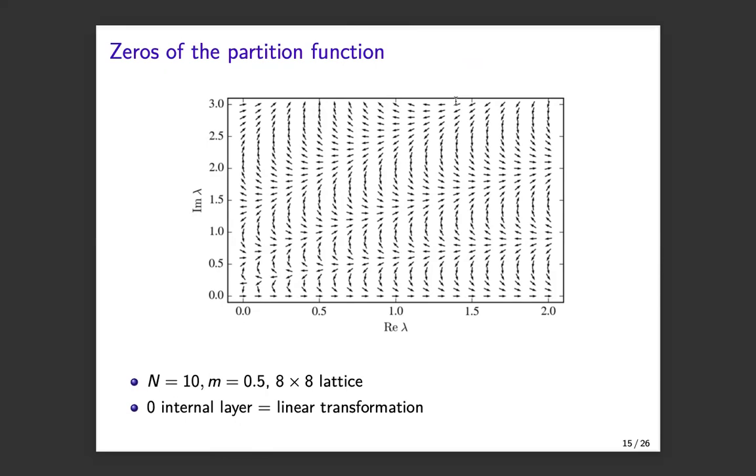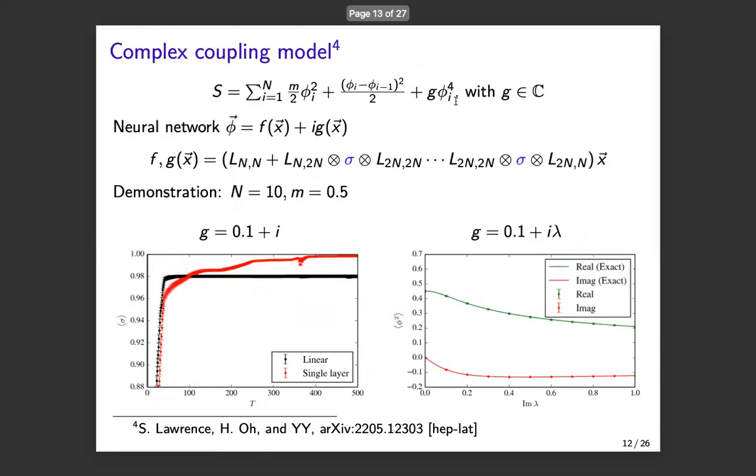And the obvious next step for this method is to now, for example, complexify this M so that you actually study the scalar field theory in Minkowski. So I tried that, and compared to this complex coupling model, it was way more difficult to find a good normalizing flow.